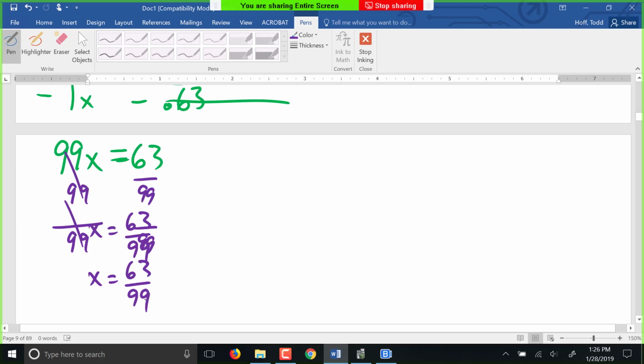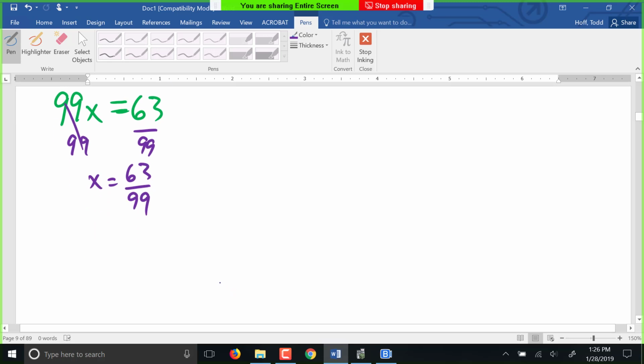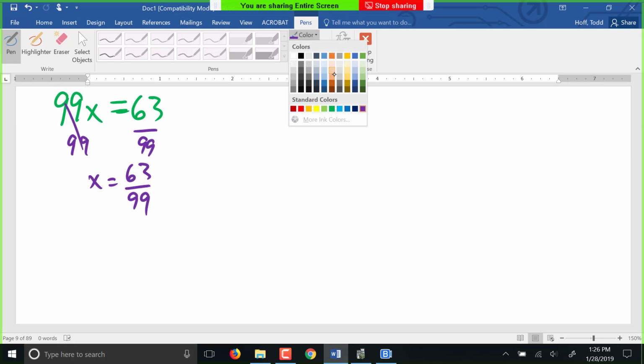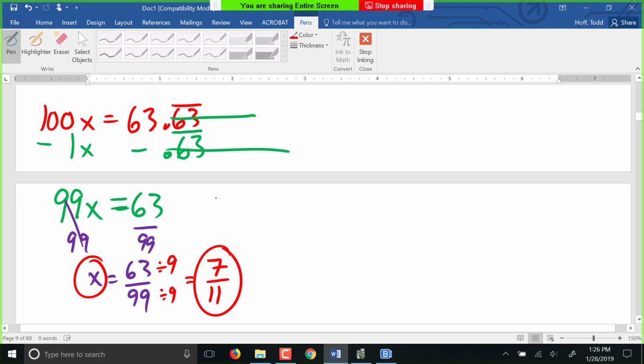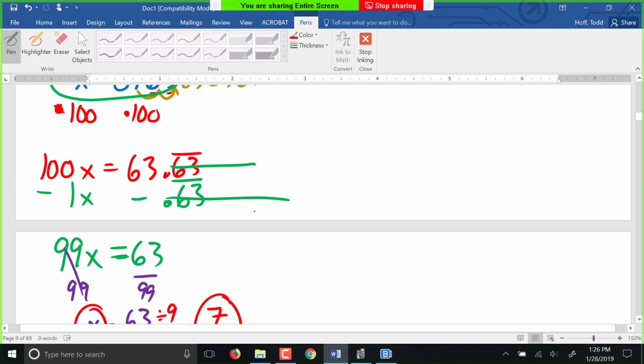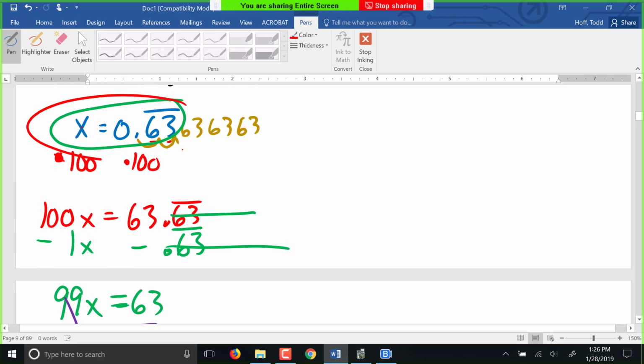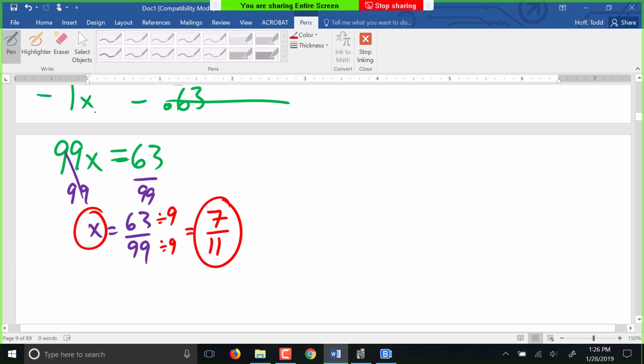Now, of course, both of those numbers, 63 and 99, can be reduced. You might or might not see it. You may divide by 3 first, but both of them can actually be divided by 9. 63 divided by 9 is 7. 99 divided by 9 is 11. X equals 7/11. But we also defined x to equal 0.63 repeating.